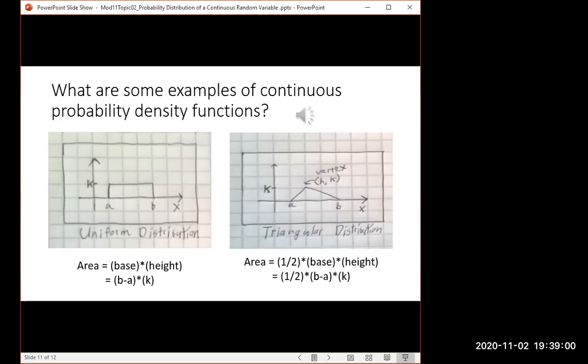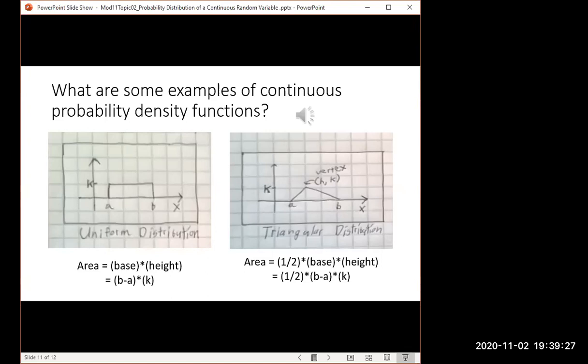And here's a triangular distribution with a vertex here at H, K. K is the height. Area of the whole triangle is half the base times the height. Of course, for both of these pictures, the total area underneath each one of these is 100%.